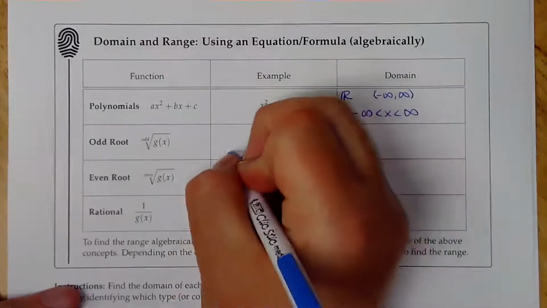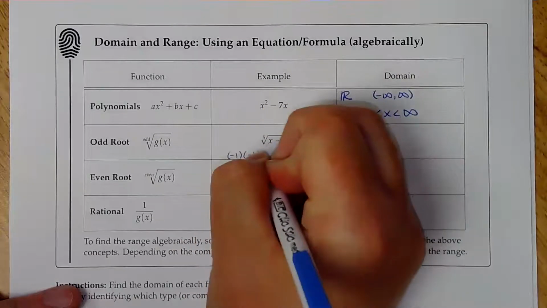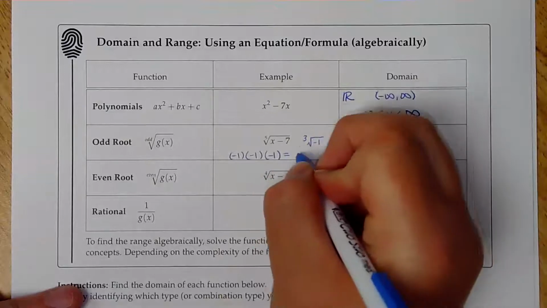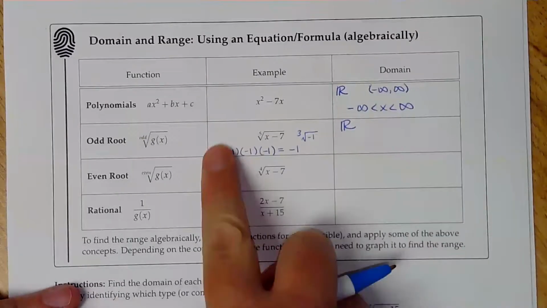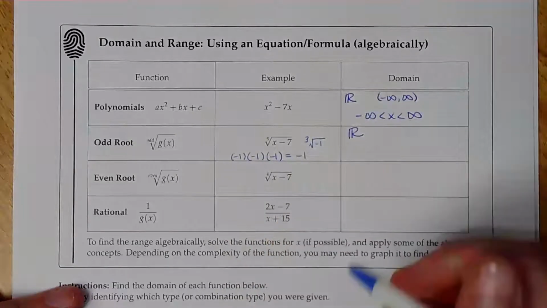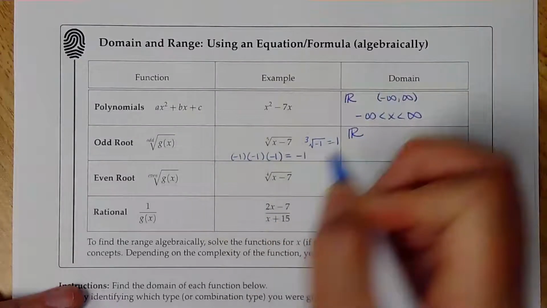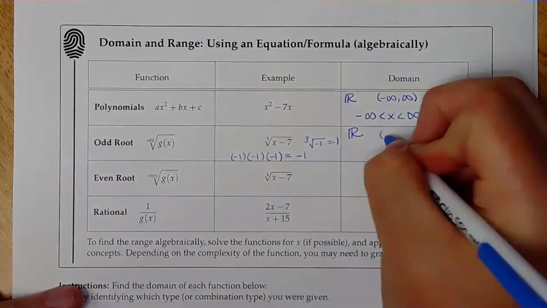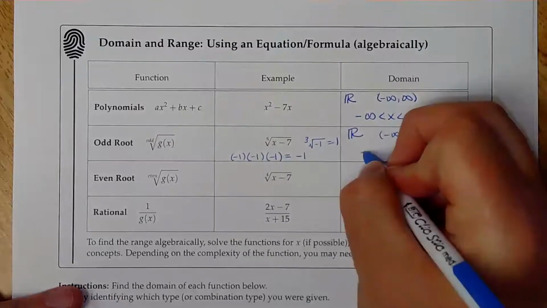And that's because -1 times -1 times -1 is equal to -1. Right? So -1 cubed is -1. So if I took the cube root, I would get a -1 back. So you can put negative numbers in there, you can put 0 in there, you can put positive numbers in there. Any of those are fine if you have an odd root.